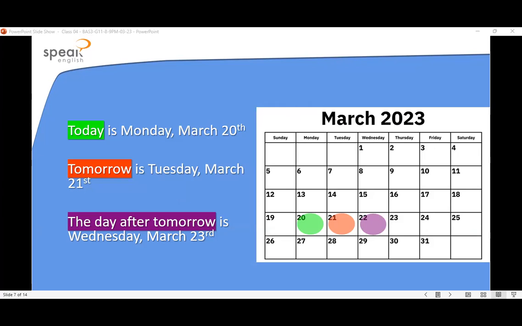And another expression that I can use, I can say on Wednesday, that's okay. But I can also say the day after tomorrow. The day after tomorrow is Wednesday, March 23rd. So I have today, tomorrow, and the day after tomorrow. Okay? Is the idea clear for these time expressions?